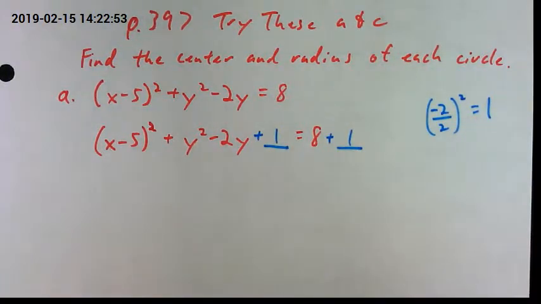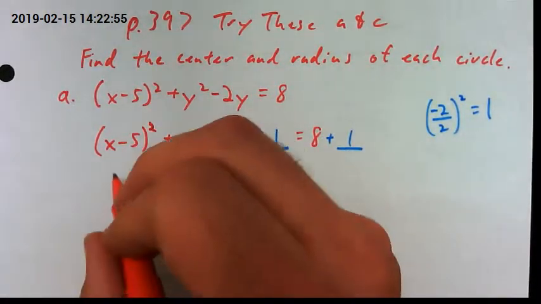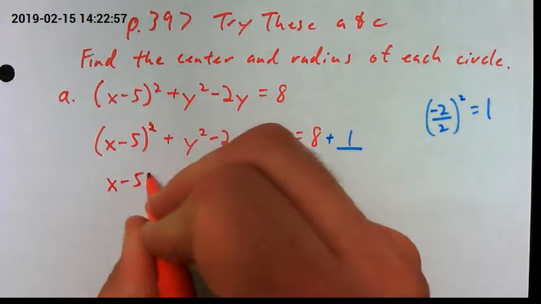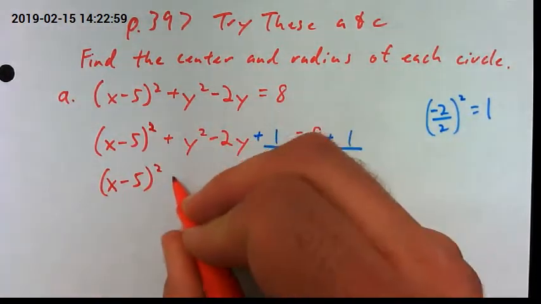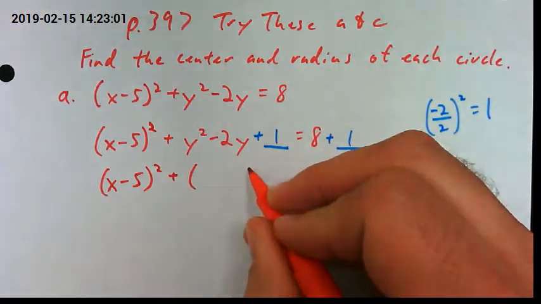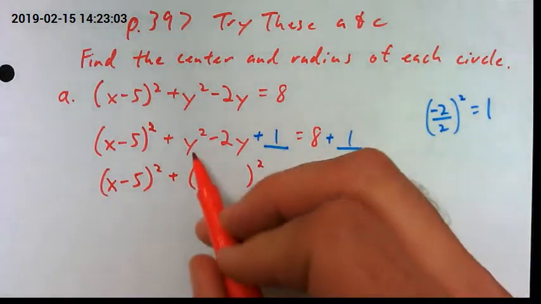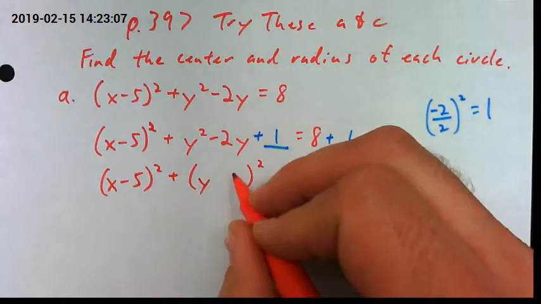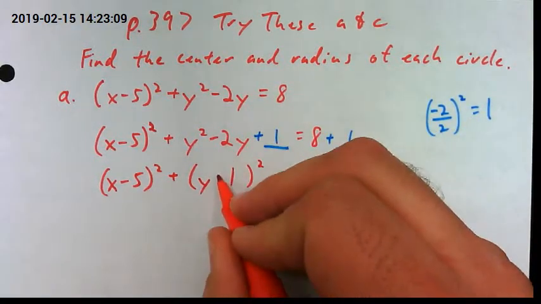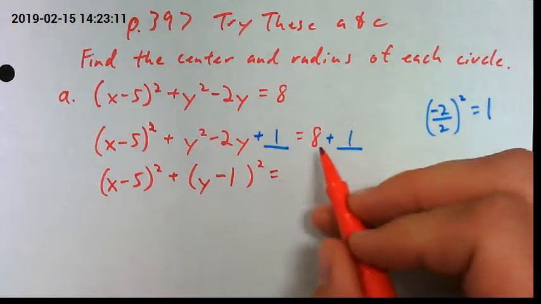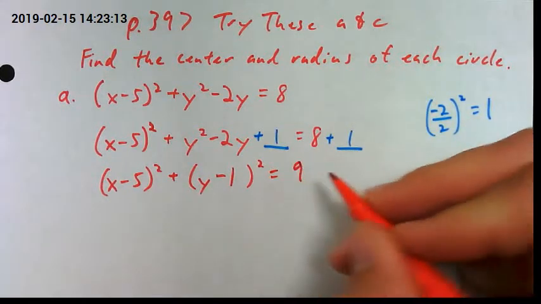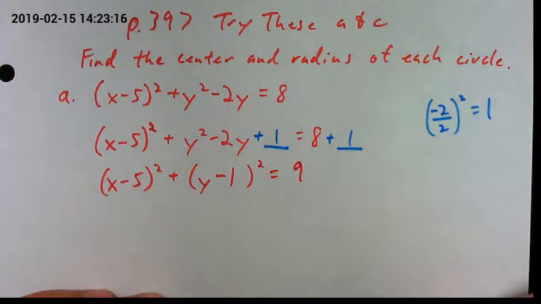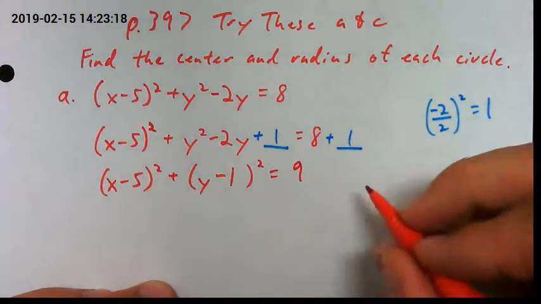All right, so now this part doesn't change. The y values, the square root of y squared is, the square root of 1 is, sign from the middle, and 8 plus 1 is 9. So now, the question is, what is the center and what's the radius?